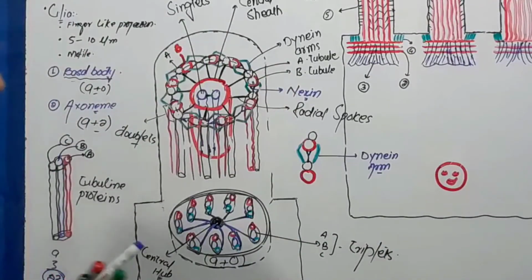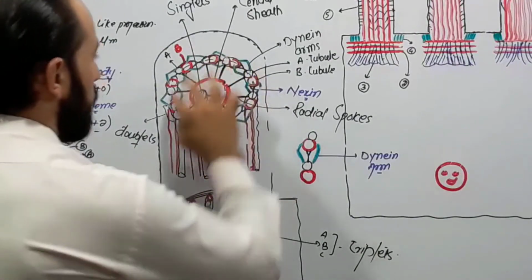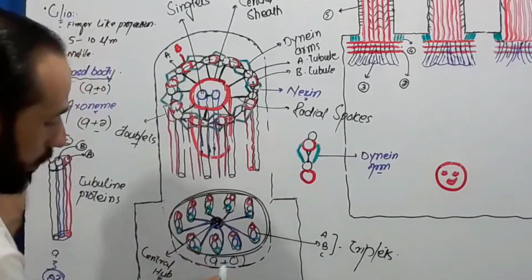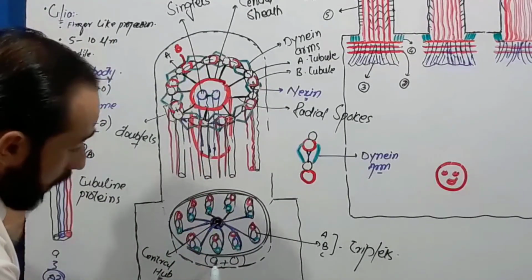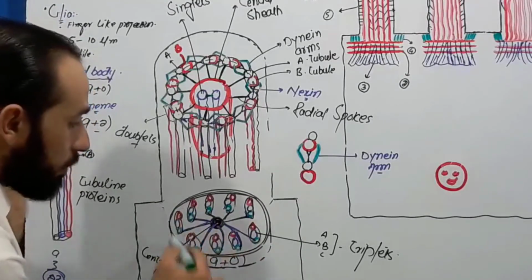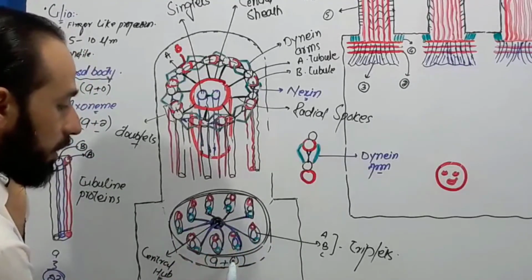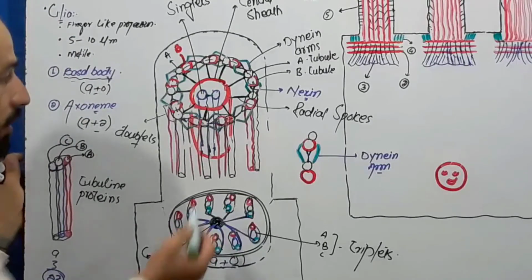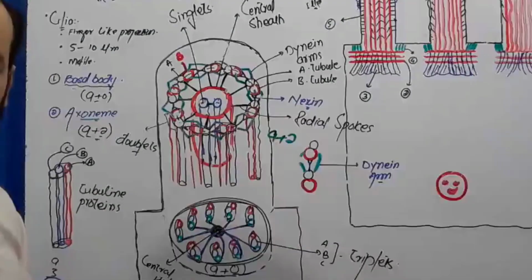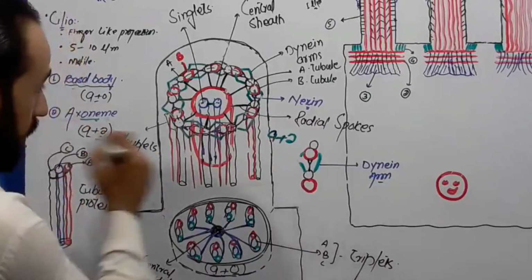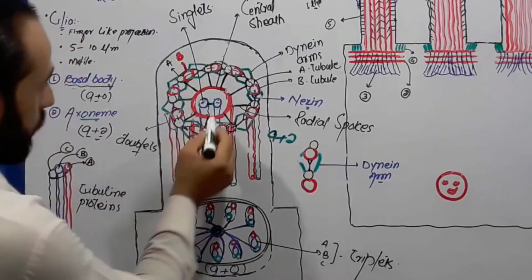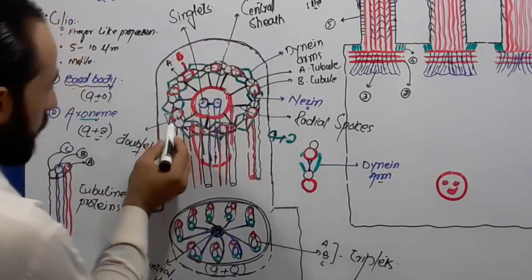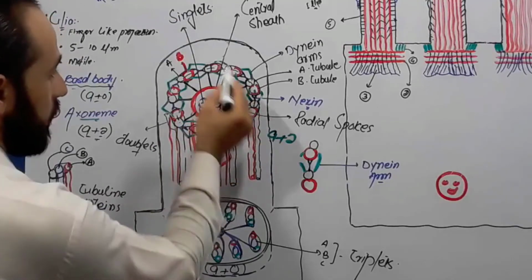And here you can see the arrangement of 9 plus 2. How? Look here, this is 9 plus 0. 9 means the 9 triplets, but in the center they have nothing. But here in the center there are singlets, and around these two singlets there are doublets.